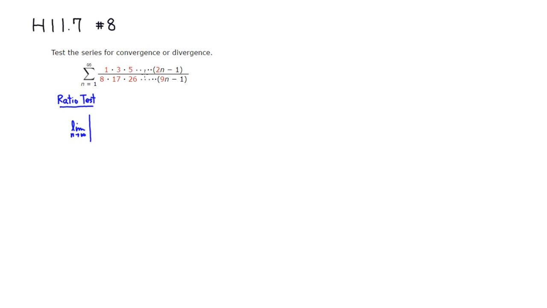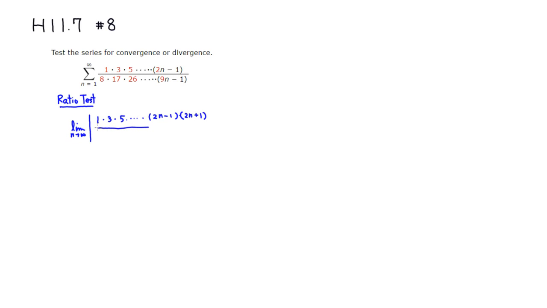What we need to do is have all these factors, 1 times 3 times 5 times and so on, and then 2n minus 1. Then the next one is going to be 2n plus 2 minus 1, so it's 2n plus 1. That'll be the next factor, right?